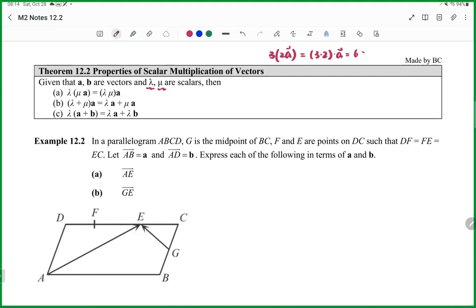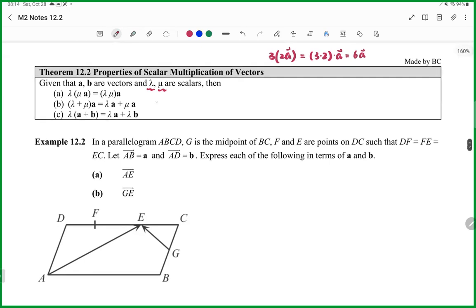That is 6a. Without proving, we just say that. Part B is that it's distributive: lambda plus mu times a is lambda a plus mu a. Meaning that, for example, 2 plus 5 times a equals 2a plus 5a.